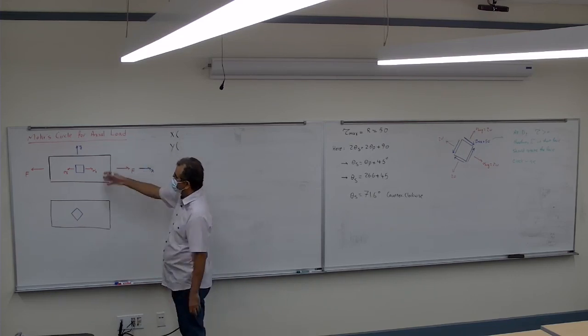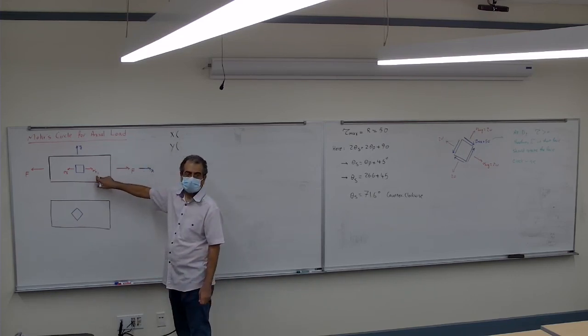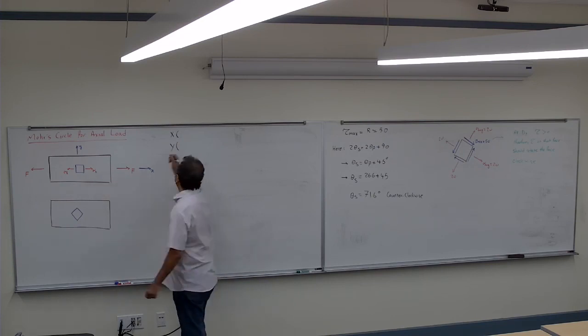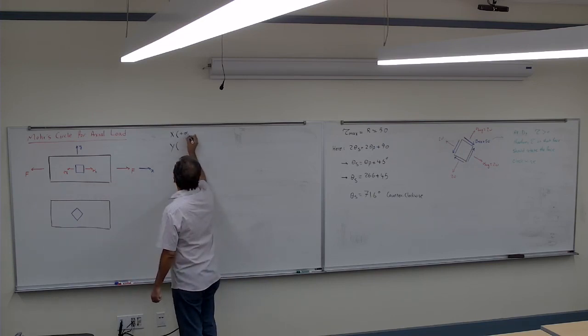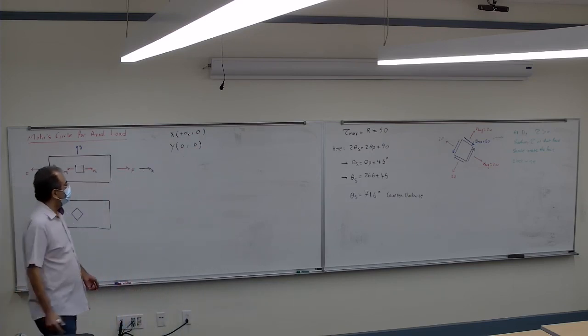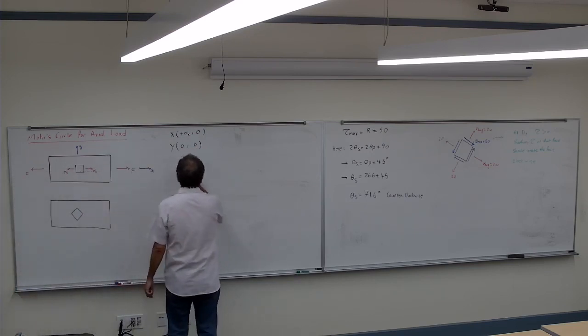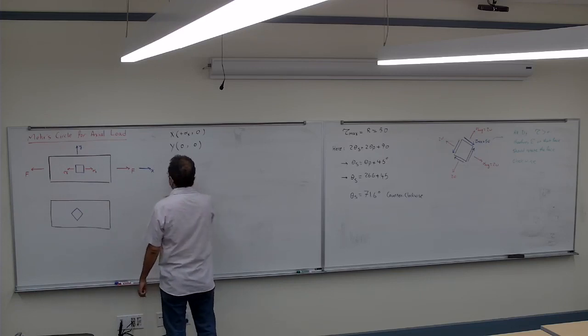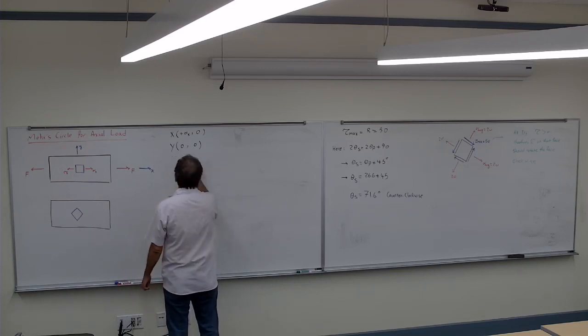It's F divided by area, so it's basically sigma x. Correct? So this is plus sigma x and 0. And the y would be 0 and 0, correct? Now if I go ahead and draw that, I want to draw those 2 points.